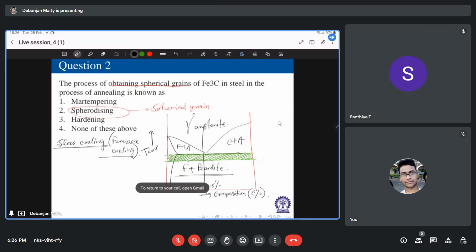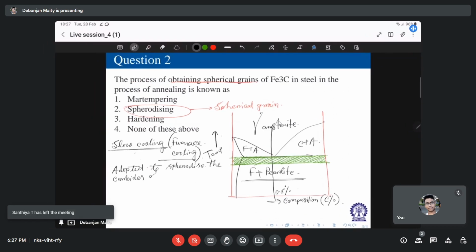So yeah, this treatment is adopted to spheroidize the carbides of lamellar pearlite or secondary cementite. Correct.